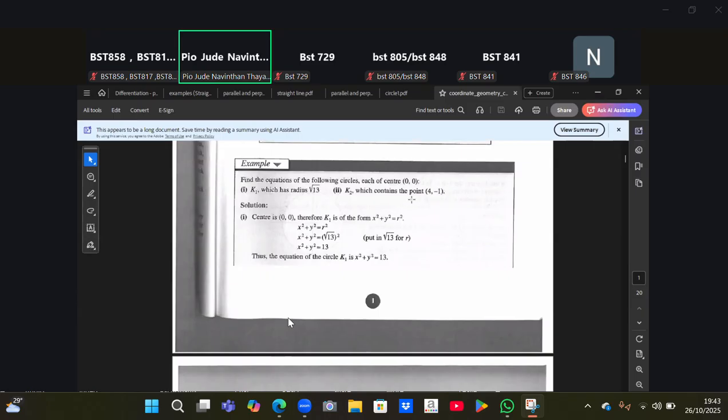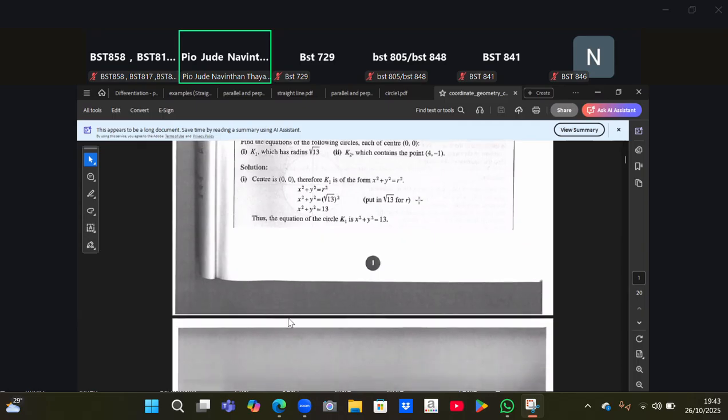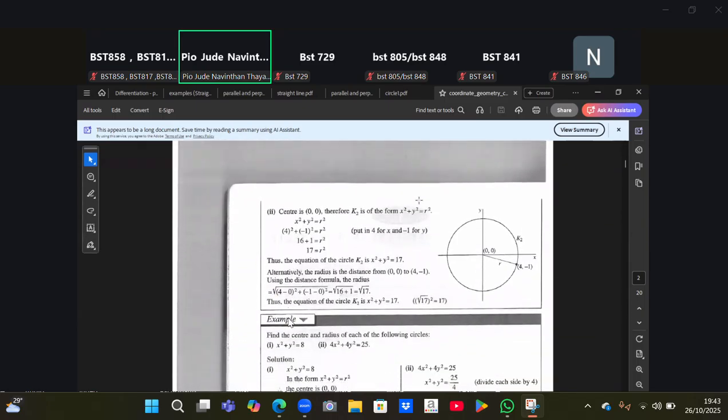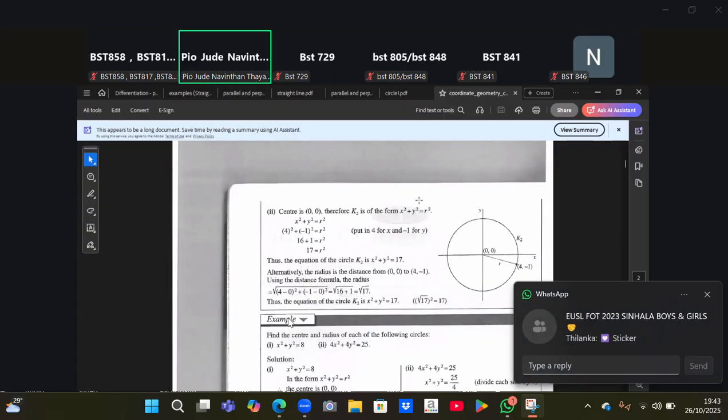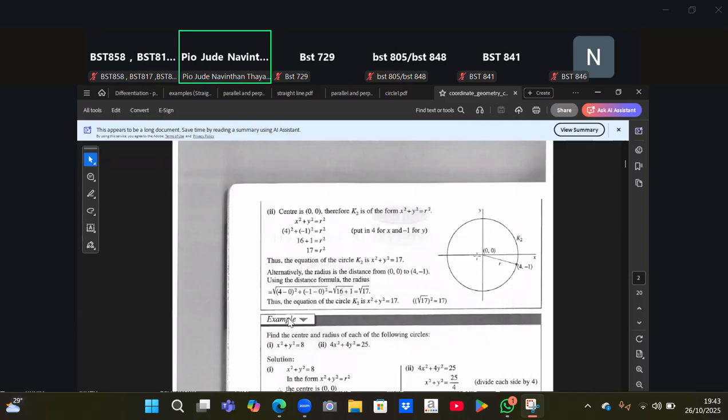But here we don't have r, only the point 4 comma minus 1. So additional work is needed. We need to find r. The center we know, and the radius is the line joining the center and one point on the circle.